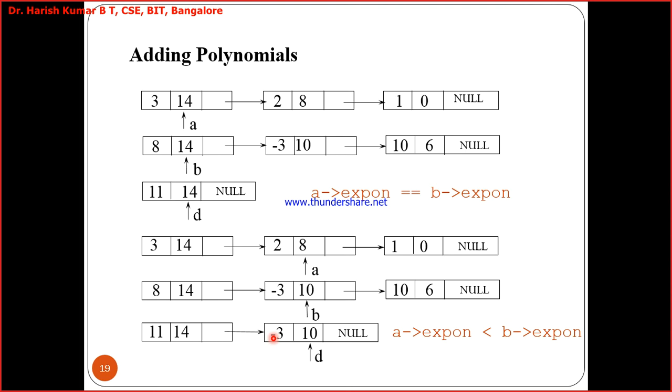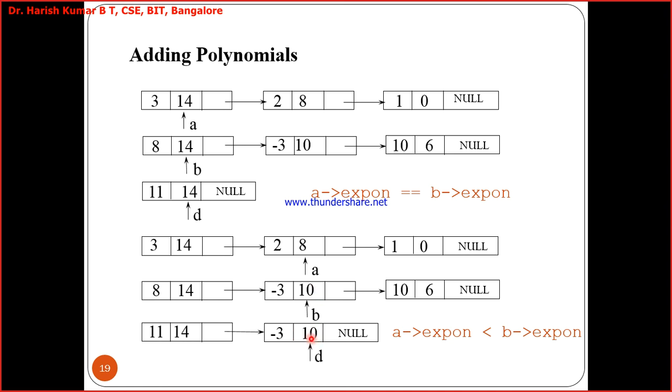Now I write here in my final resultant polynomial -3, 10. Now why -3, 10? Because you should write that term which has the greater exponent. So -3, 10. Now what do we do?